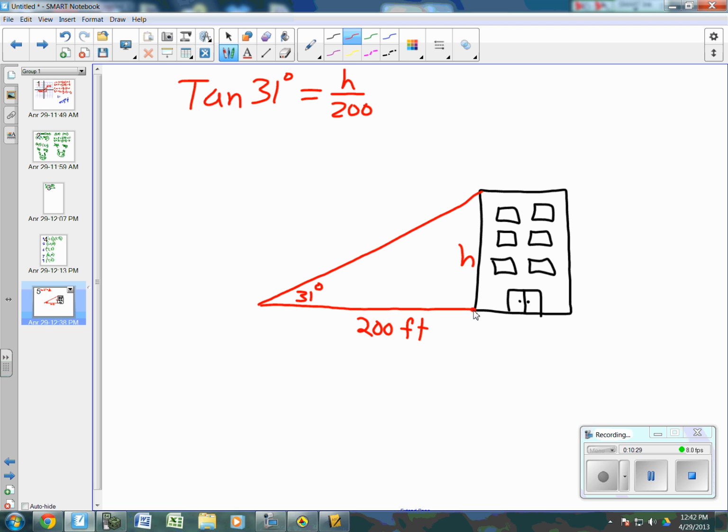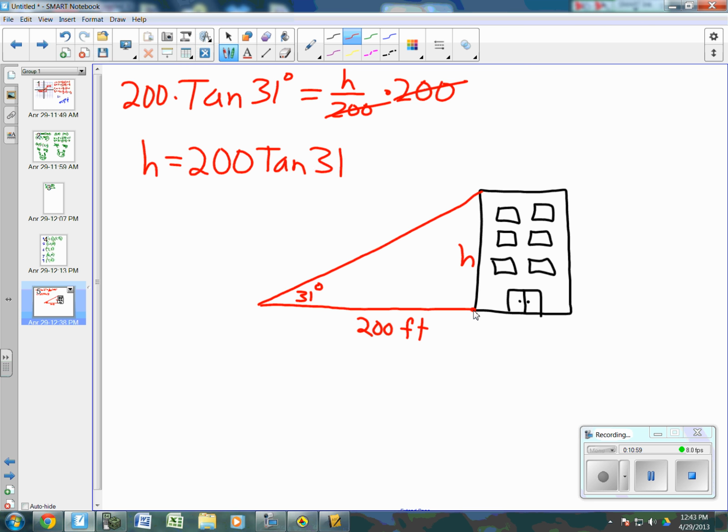H is not opposite 200. It's opposite of 31 degrees. And so I need to solve this equation. What would I do to both sides of this equation to get H by itself? Times by 200, right? So I times both sides by 200. These cancel out, and I get H equals 200 times the tangent of 31.